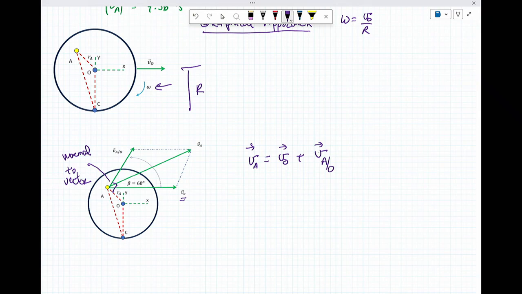I can calculate, I have a triangle here which is kind of pretty good. I have the initial theta, which was 30 degrees. I get beta equals 60 degrees.